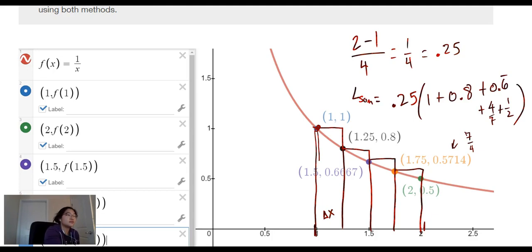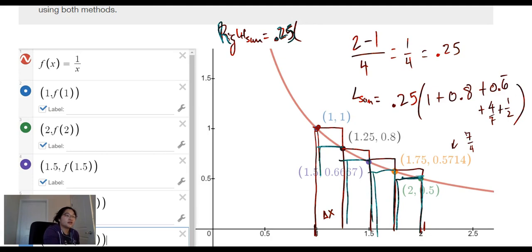And then our right sum is going to be our partition size, 0.25, times the heights from the right endpoints, which are almost all the same. The only ones that are different are this end and this end.